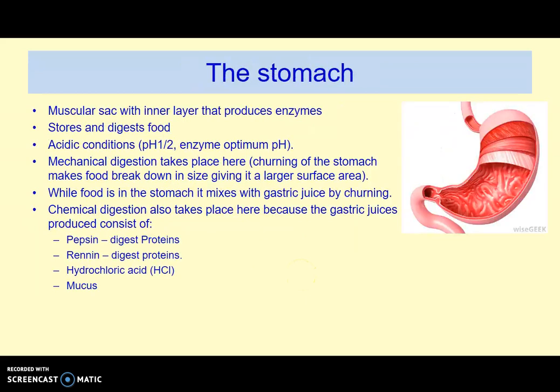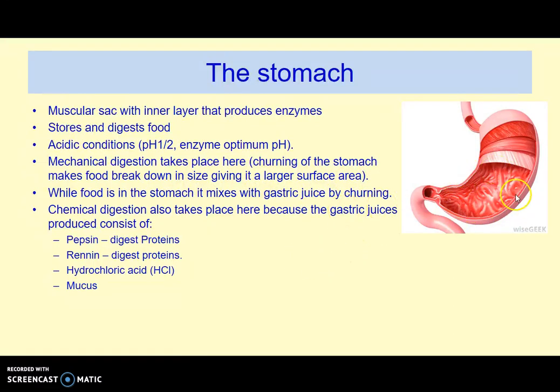Your stomach is a muscular sac, as seen here in the diagram, that produces enzymes. It will store, churn and digest the food. Totally different acidic conditions here, pH 1 or 2. There is quite a lot of mechanical digestion, the churning of the stomach that will break the food down in size. That increases surface area for the enzymes to work.